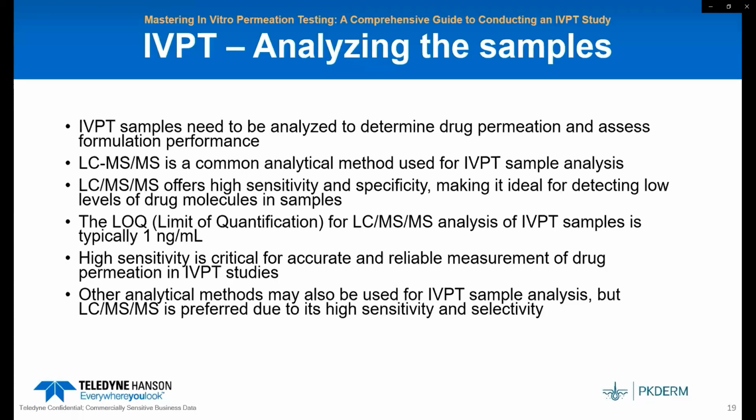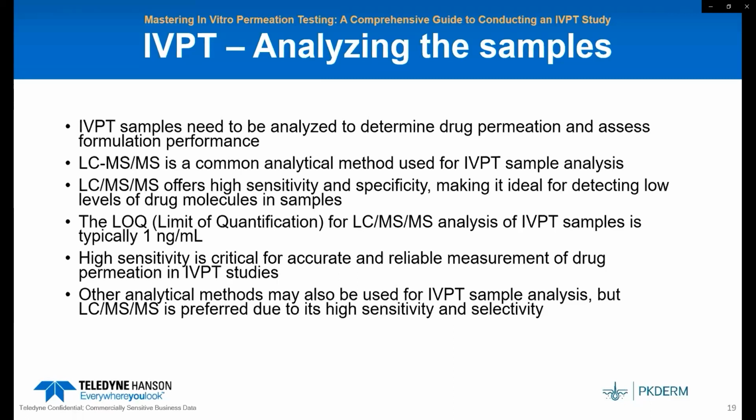The limit of quantification for analysis of IVPT samples is typically very low, almost 1 nanogram per ml, making LC-MS-MS ideal for detecting even very small amounts of drug molecules that may have penetrated the skin.